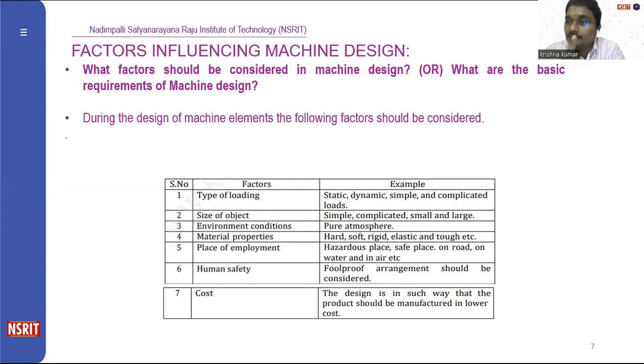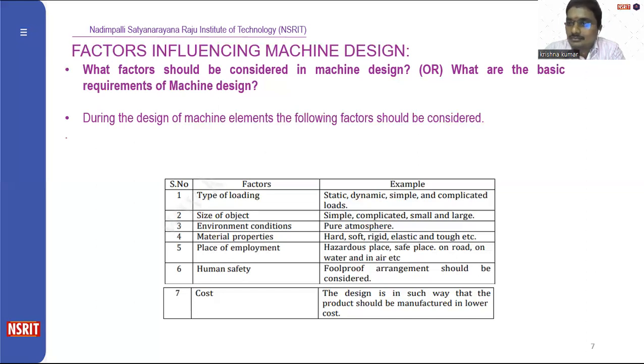But if that material is used somewhere in the engine or some heat-affected area in industry, see how the situation will be, whether it is able to withstand or not. We should be able to observe, right?